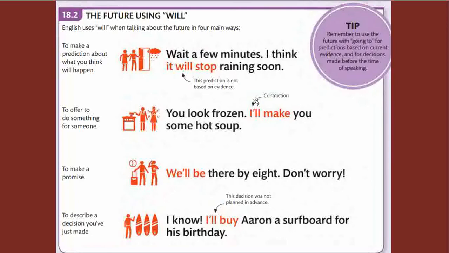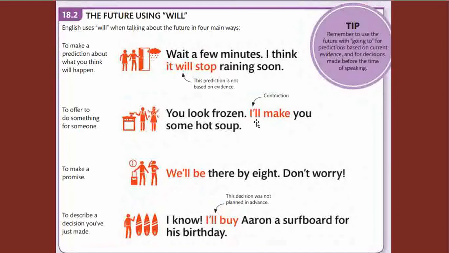Now this I-W-I-L-L is contracted over here. W and I are taken away from will, only L is left there, and one apostrophe is brought in, and that is how the contraction is made. So, I will is contracted to I'll. I'll make you some hot soup.